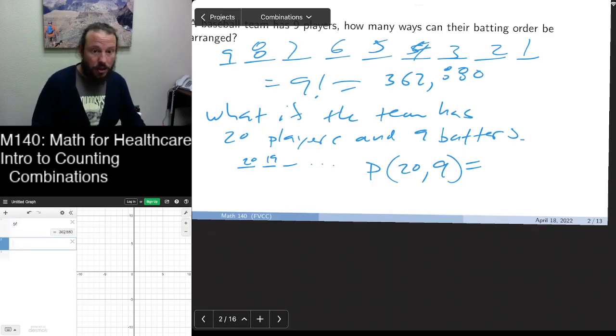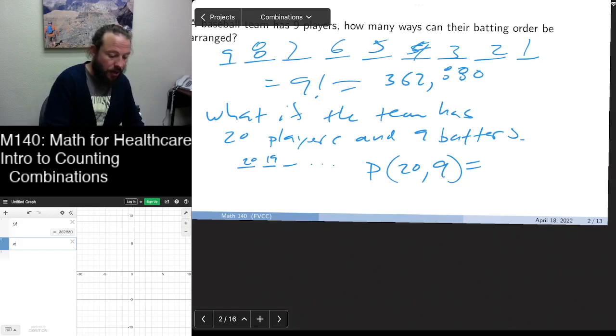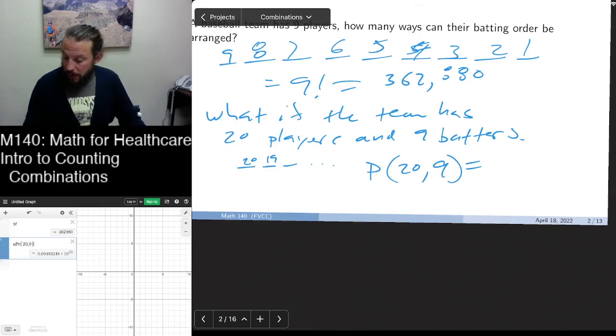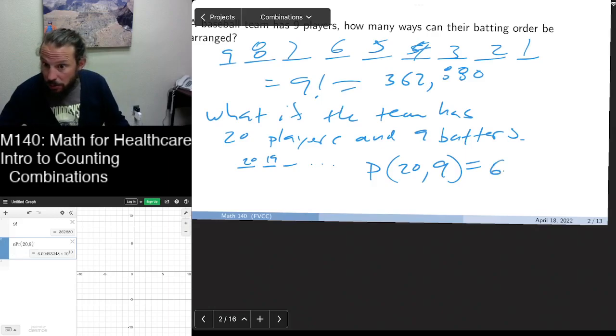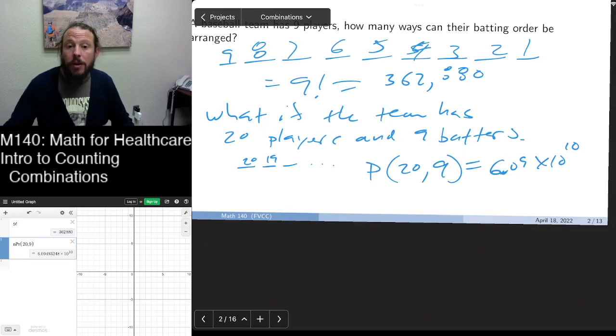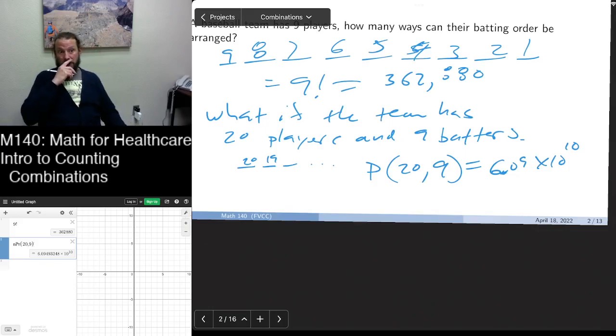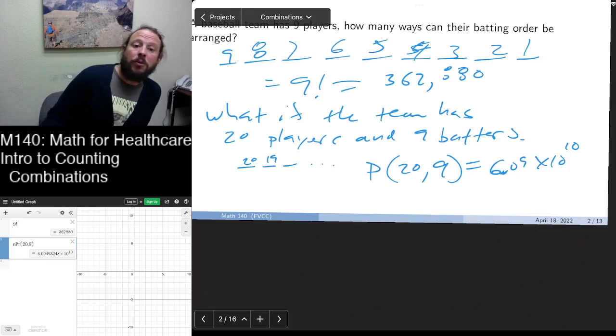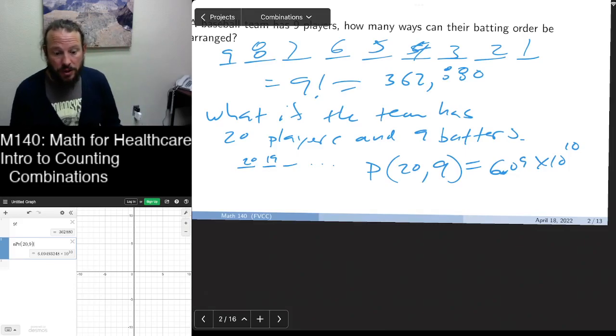Here you type in n, capital P, r, and then in parentheses, we're doing 20, 9. And here we get 6.09 times 10 to the 10th. So the number grows quite a bit there. 10 to the 10th is quite a big number. But hopefully you remember those are the permutations of 20 things taken 9 at a time.